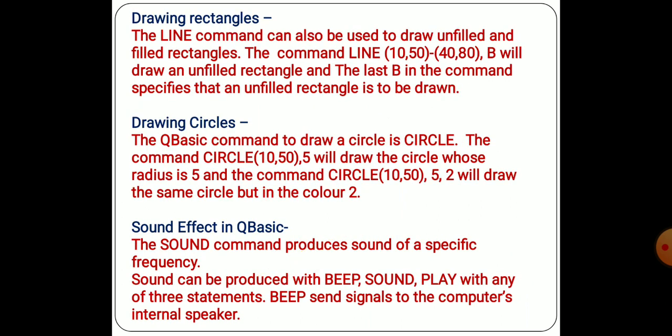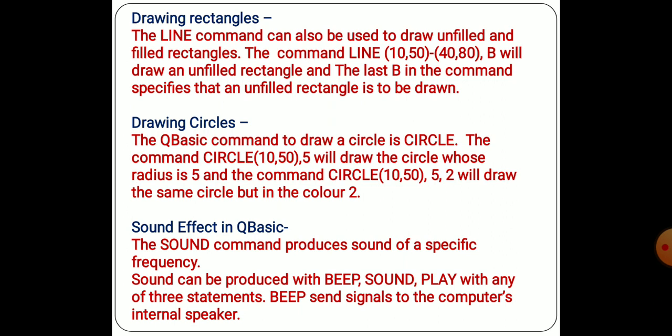Drawing rectangles. The LINE command can also be used to draw rectangles. The command will draw an unfilled rectangle, and the last B in the command specifies that an unfilled rectangle is to be drawn.